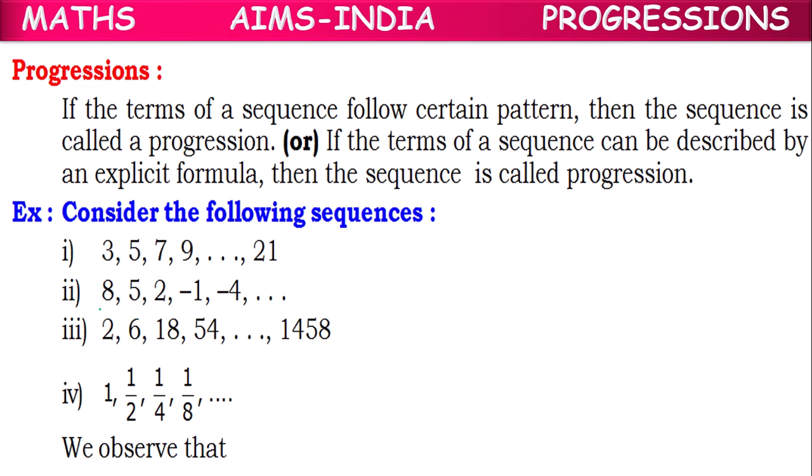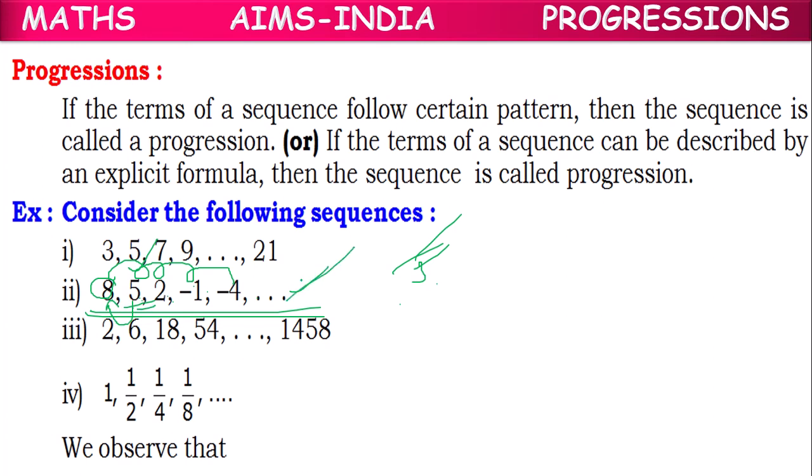The second one, 8, 5, 2, minus 1, minus 4. Here, 8, 5, difference is 3. 5, 2, difference is 3. 2, minus 1, difference is 3. Minus 1, minus 4, difference is 3. Each element except the first term is obtained by subtracting 3 from its previous number.